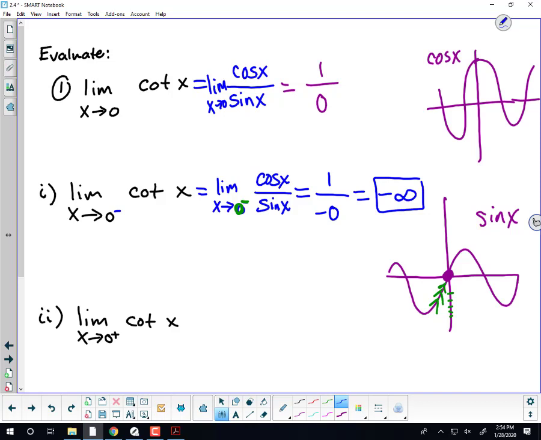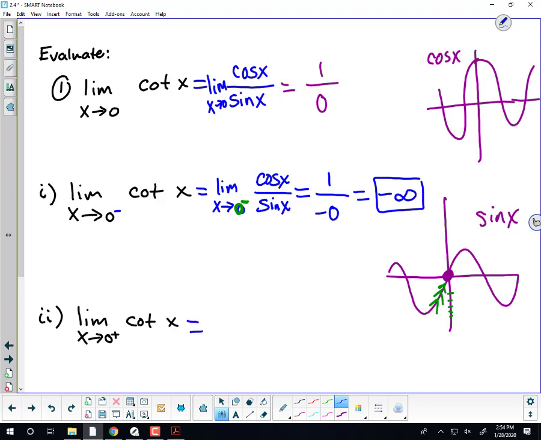Are there any questions on that? So I may not remember what the graph of cotangent looks like, but I know for sure that on the left-hand side of 0, it's dying off to negative infinity.